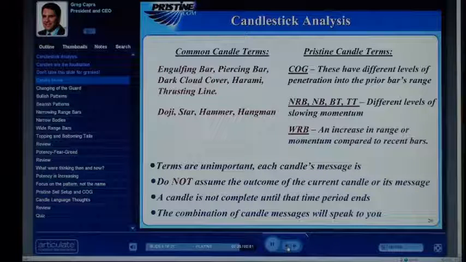And if there's 3 minutes left and it looks like a bullish wide range bar, that's going to produce certain beliefs about what's happening. But what if at the end of that 5-minute bar it looks like a topping tail? It's a completely different message. We're going to combine the messages so that they're going to speak to you, and you'll see how this all comes about as we put this information together.